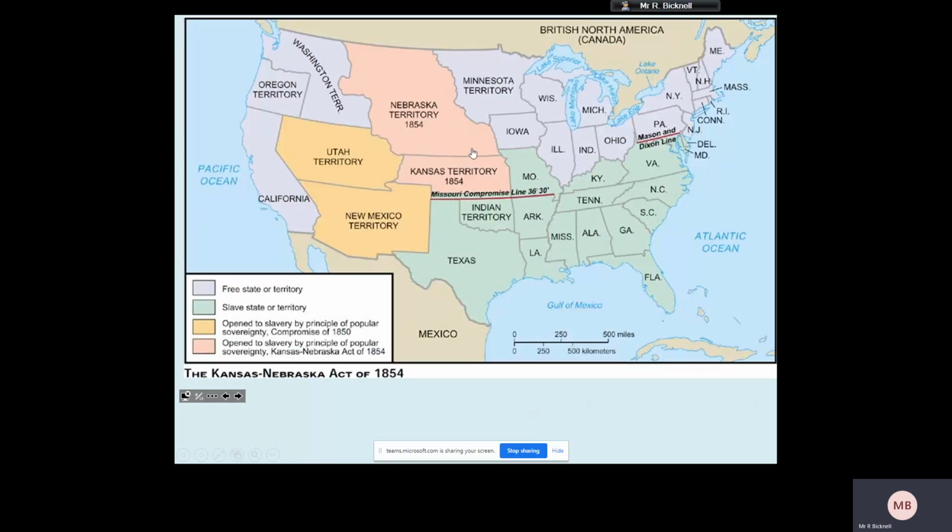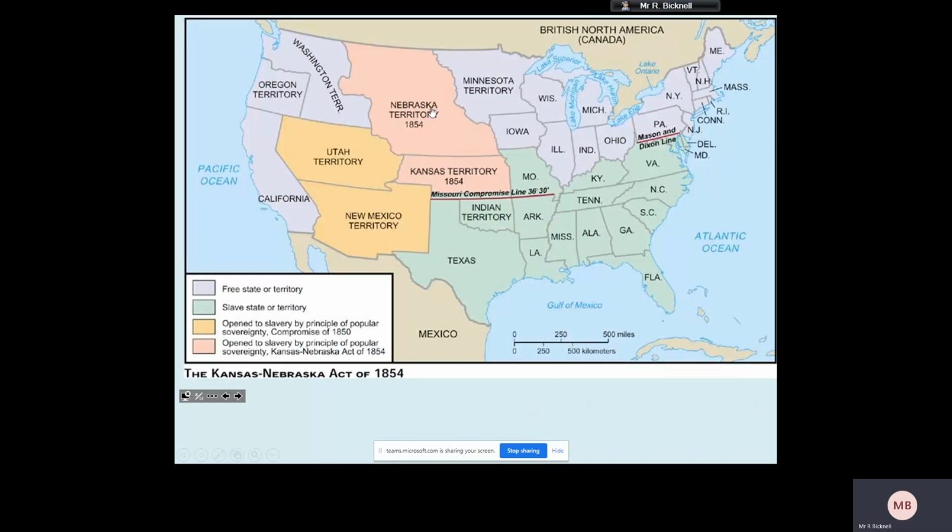They can decide upon slavery for themselves, which potentially tears up what compromise? Yeah, the 1820 Missouri Compromise that said slavery was not allowed to pass north beyond the Missouri Compromise line. Well, now the North is saying to keep the South happy, well, actually, we'll ignore that, and now slavery can potentially spread into northern states.